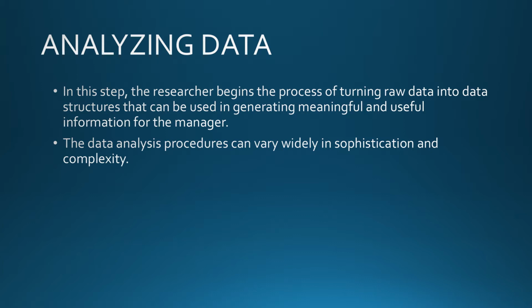Analyzing data. In this step, the researcher begins the process of turning raw data into data structures that can be used in generating meaningful and useful information for the manager. The data analysis procedures can vary widely in sophistication and complexity.